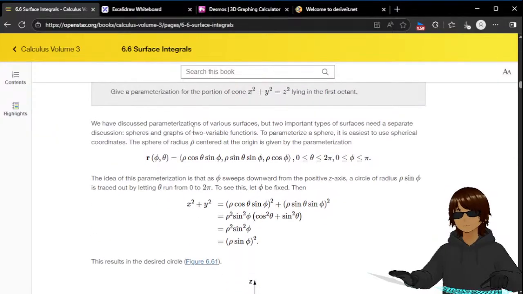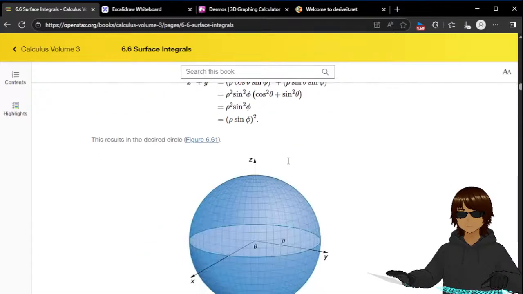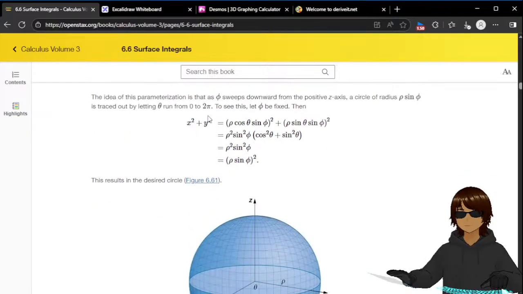Yeah, we discussed parameterization of various surfaces, but two important types of surfaces need separate discussion: spheres and graphs of two-variable functions. To parameterize a sphere, it is easy to use spherical coordinates. A sphere of radius rho centered at the origin is given by the parameterization r(phi, theta) = (rho cos theta sin phi, rho sin theta sin phi, rho cos phi).